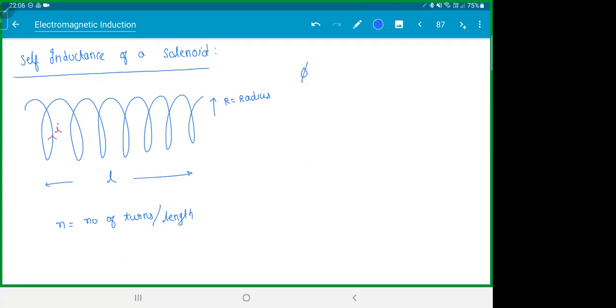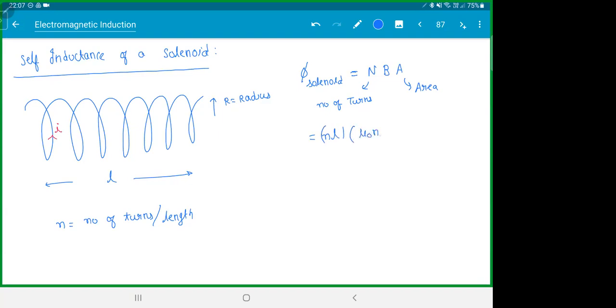So the flux in the solenoid will be total number of turns into magnetic field into area. What is the total number of turns? N into small l. What is the magnetic field?